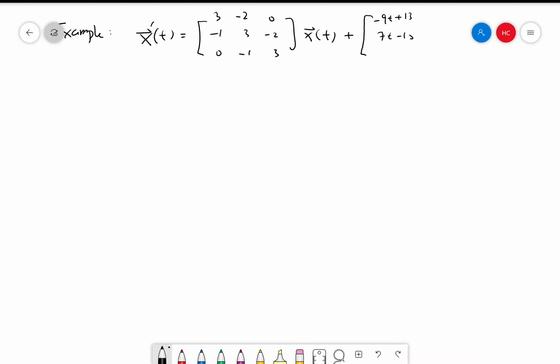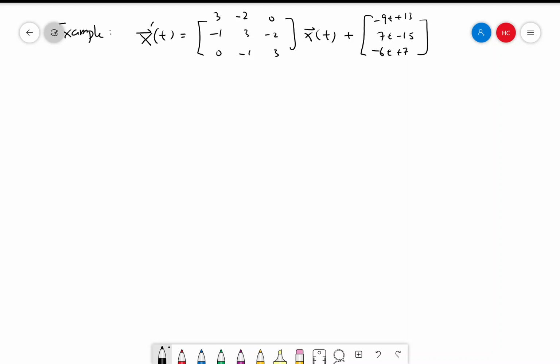So let's consider x prime equals, remember this matrix is the same as the one in the previous video, times x, but this time we have the constant term, so let's say negative 9t plus 13, 7t minus 15, and negative 6t plus 7.